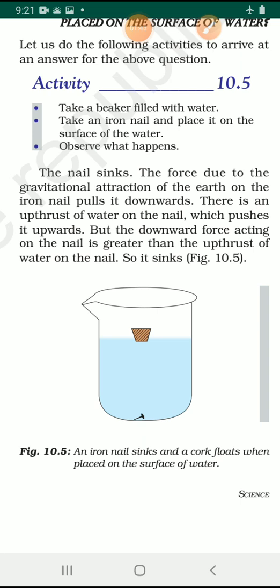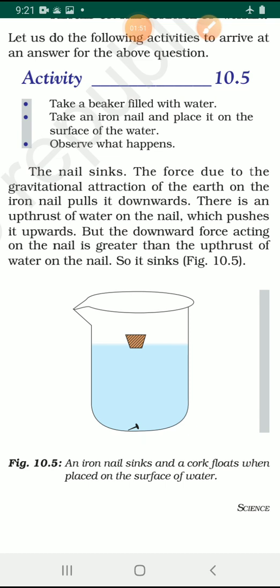Dear children, there are so many day-to-day life examples through which we can understand why all this happens.